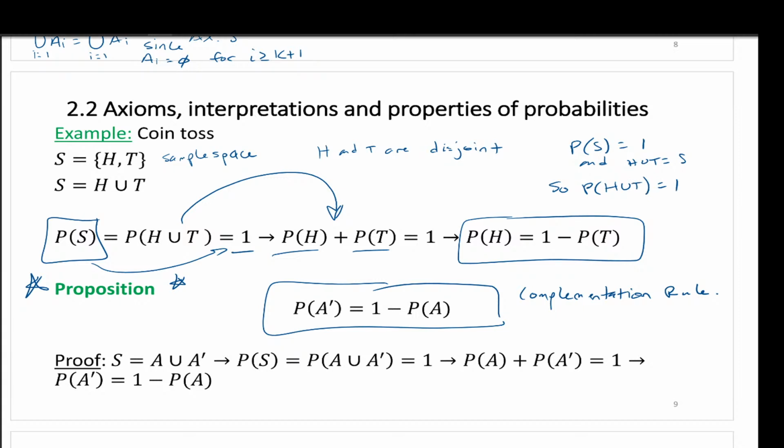Good question. It's more like implies. So this arrow here is like implies. So that's how you should read that arrow. So S equals A union A complement implies probability of S equals probability of A union A complement.